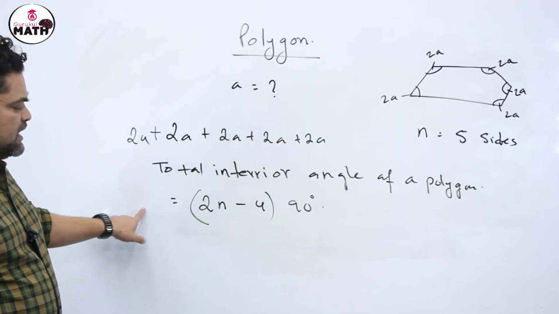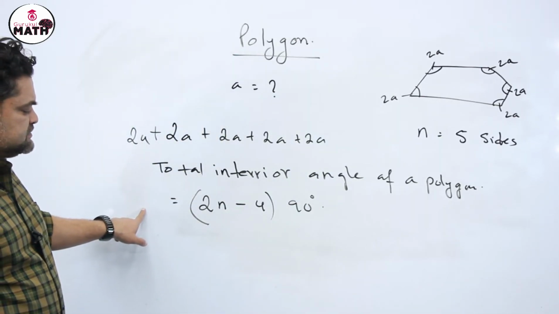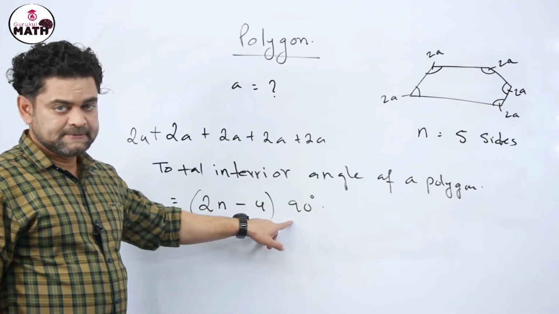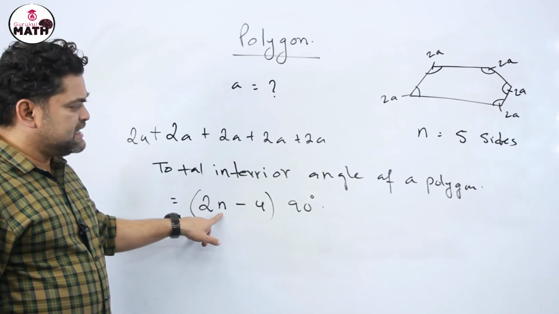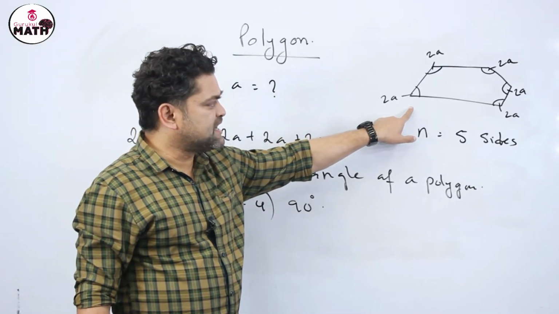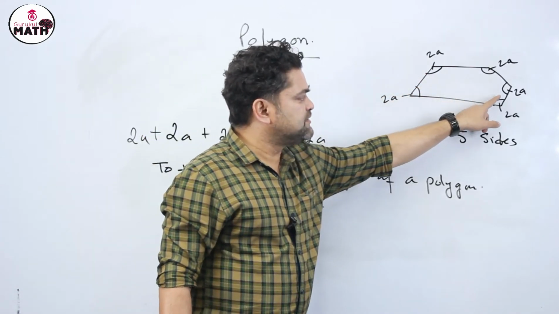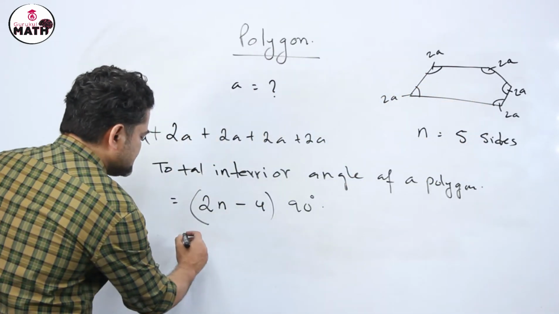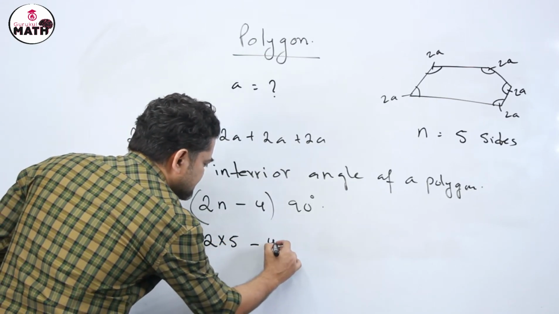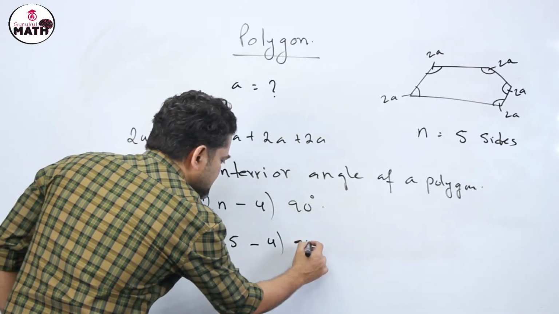This is the formula to find it. Here n indicates the number of sides. As this is a 5-sided figure, 1, 2, 3, 4, 5, instead of n I'm going to write 2 multiplied by 5 minus 4 in brackets, and 90 degrees.